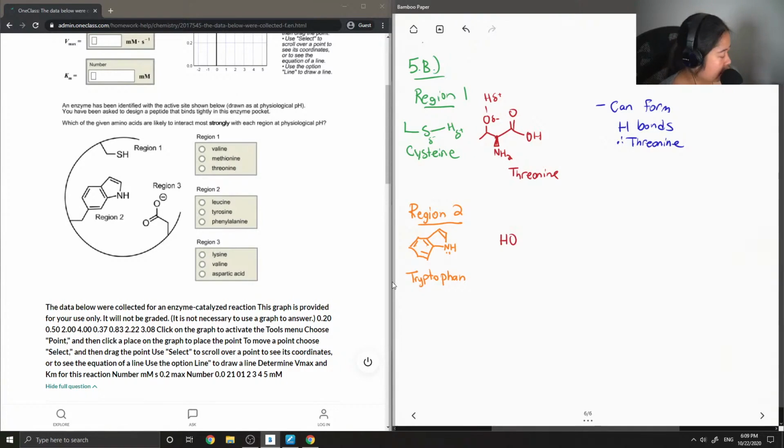So the structure of tyrosine is as follows. Basically, you have your OH group that's attached to a phenyl. Then you just have the remainder of this amino acid. This is tyrosine.